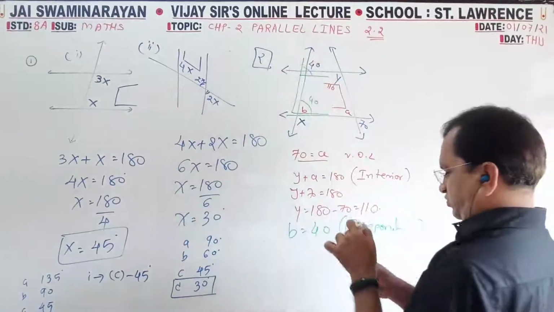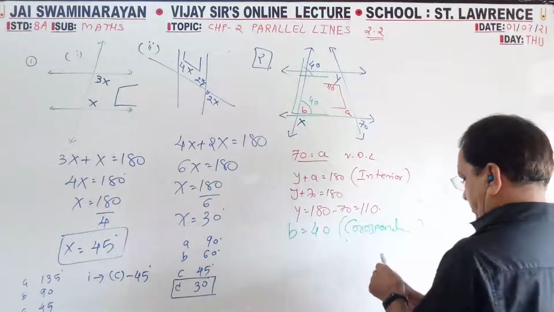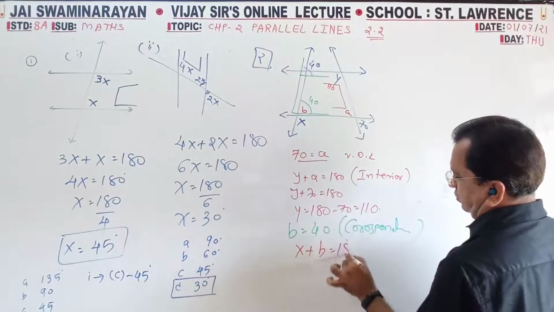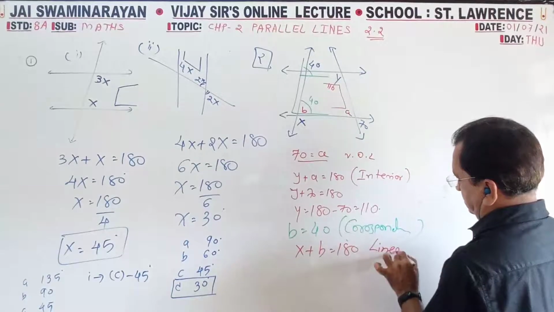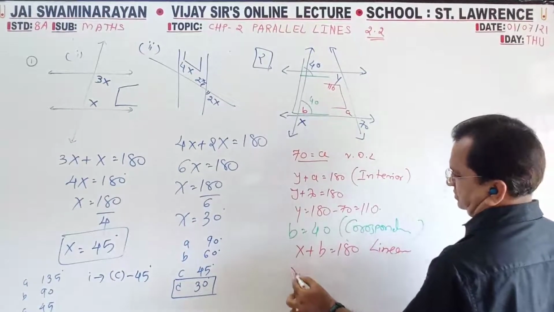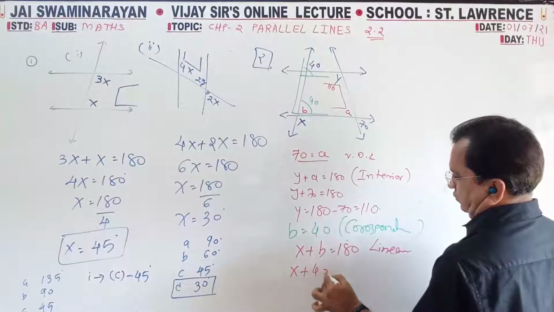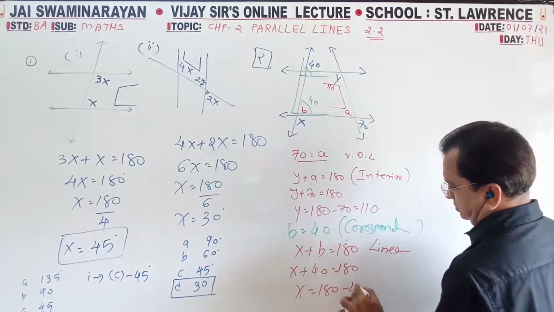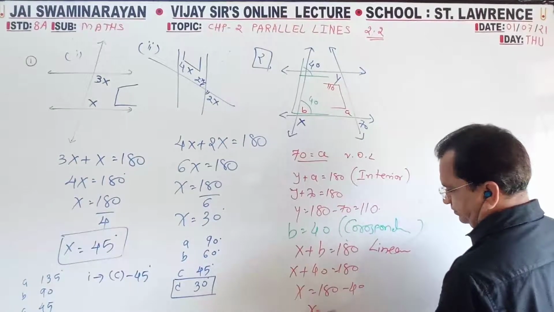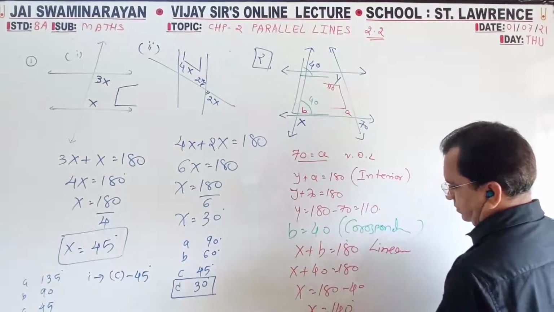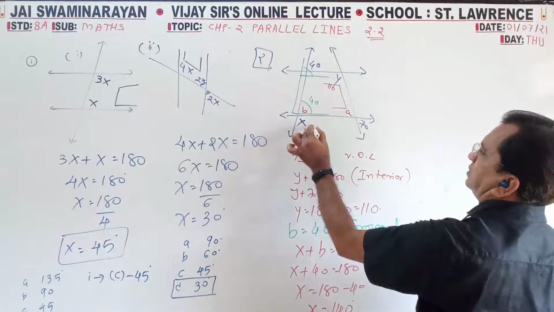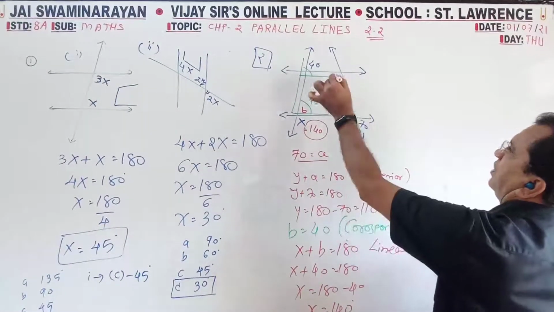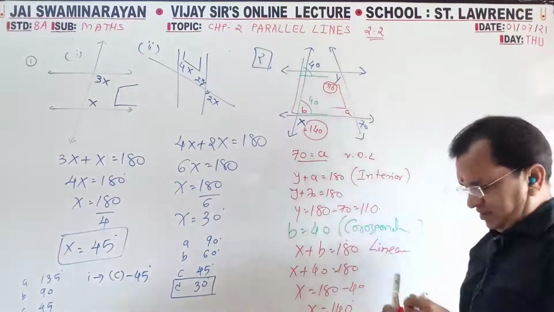This is 40, so this is 40. And x plus B is equal to 180, linear. So we got 140 as the final answer for x, and for y we got 110.